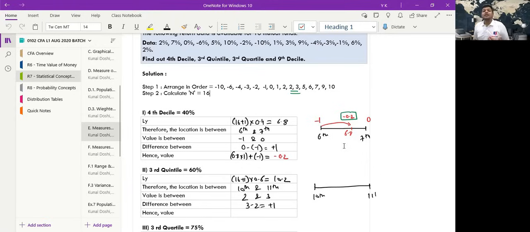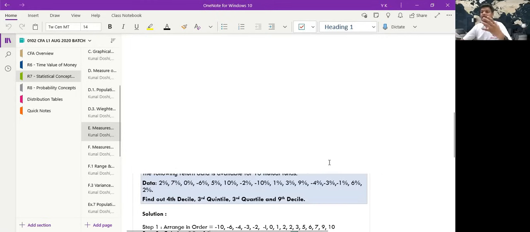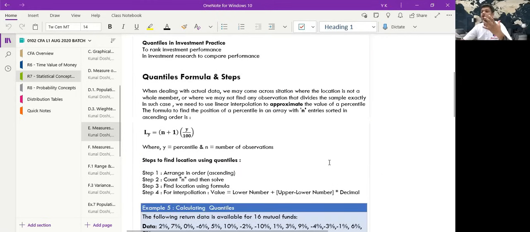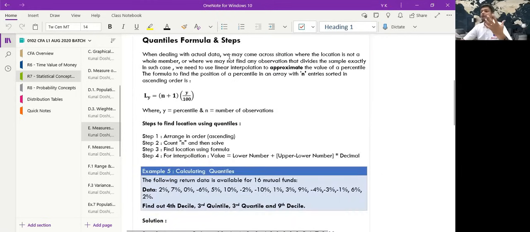The unfortunate thing is that the location is not in a proper manner. With actual data, we may come across situations where the location is not a whole number. So it is not the 10th nor the 11th. Had that been the case, we would have just picked up that number, right?